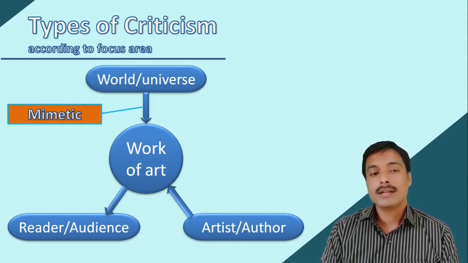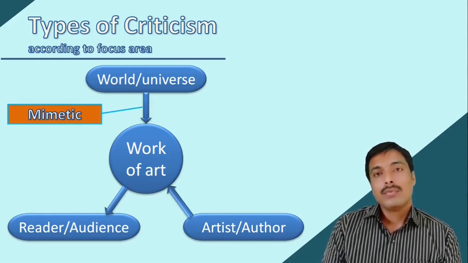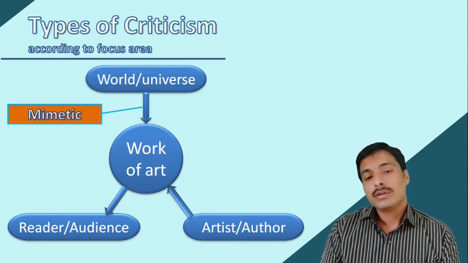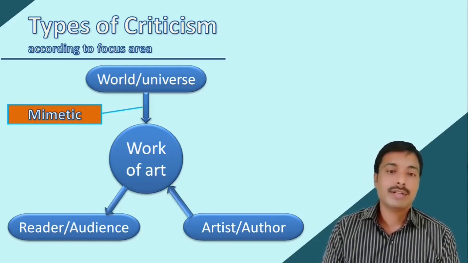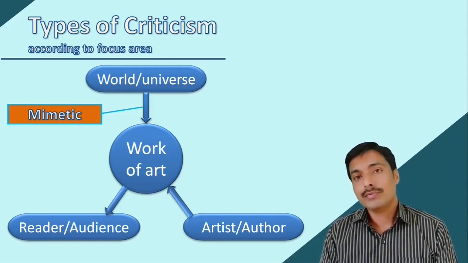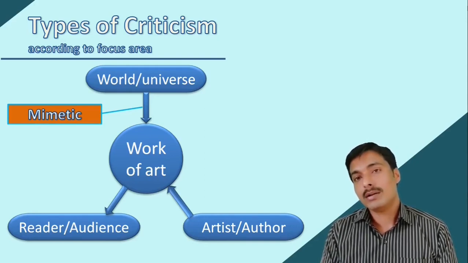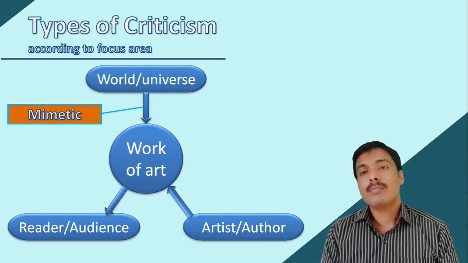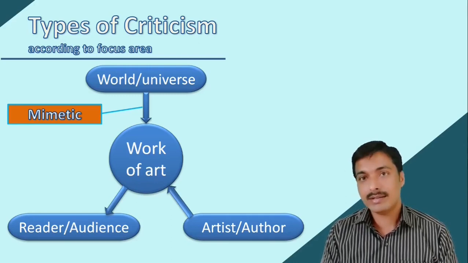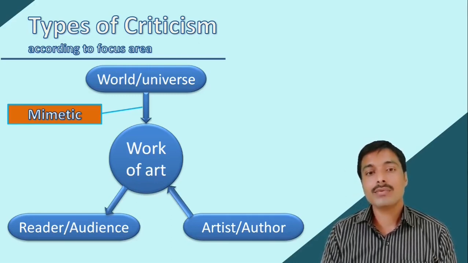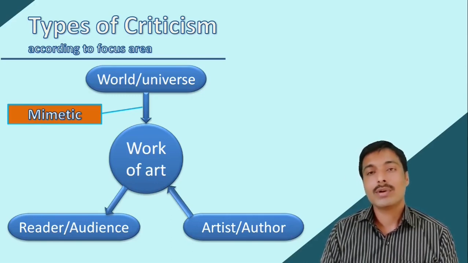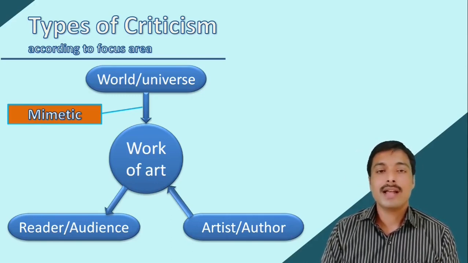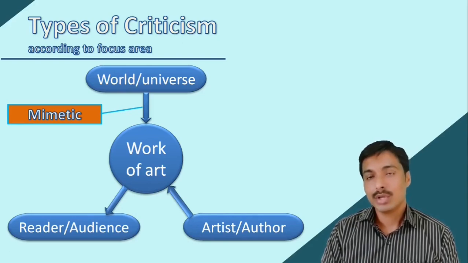Now let us see that when you try to deal with the relationship between world or universe and the work of art, it is the area of mimetic theory or mimetic criticism. So when you go on to explore the world and work of art relationship, that area becomes mimetic.